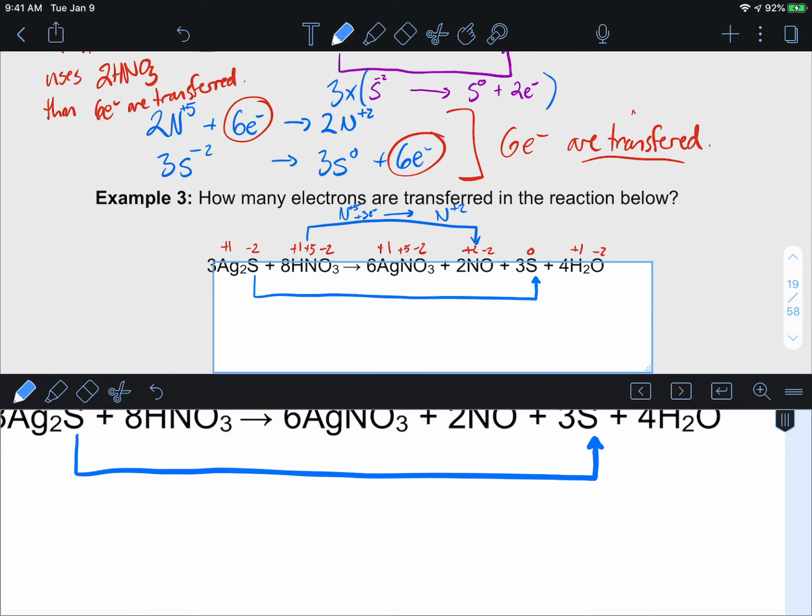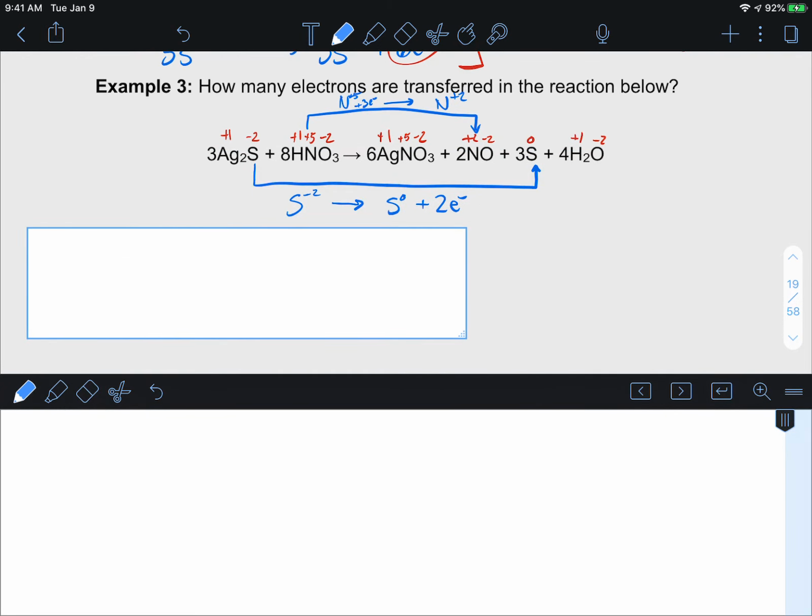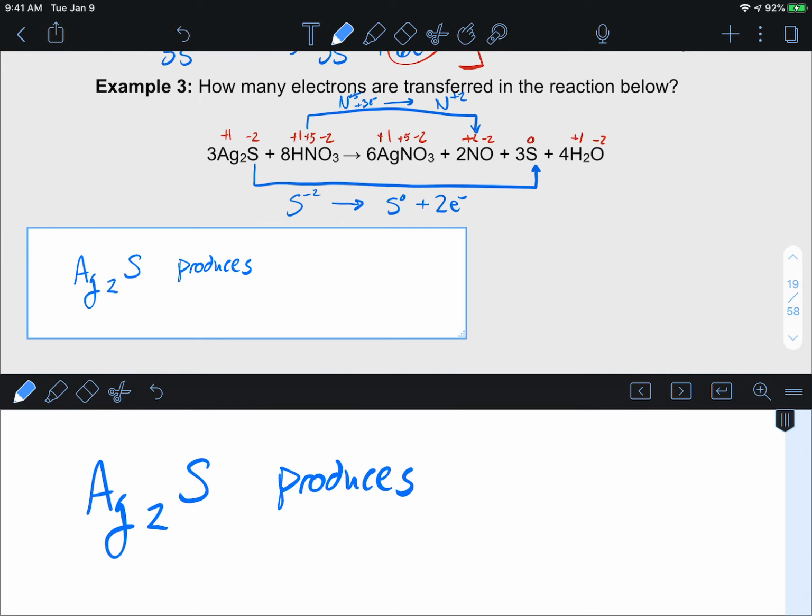We are also taking the sulfide unit, this S -2, and producing S0, which means we're producing 2 electrons. Each silver sulfide contains 1 sulfide, so the silver sulfide produces 2 electrons.